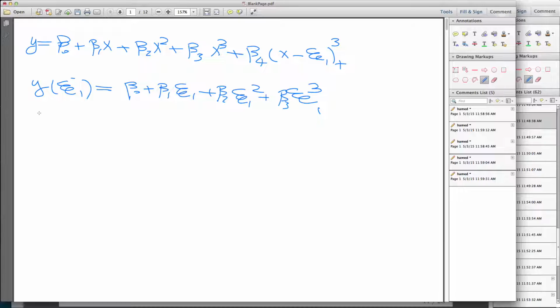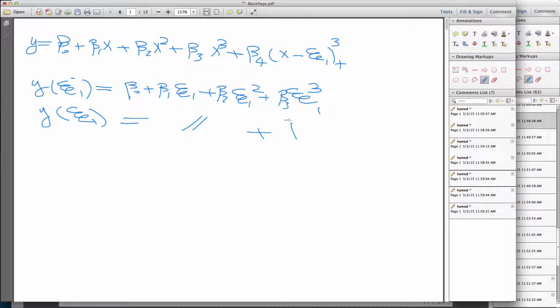Right after that, or right on that point, you get the same thing plus beta 4 times (psi 1 minus psi 1) cubed, which is 0. So as you can see, right before psi 1 and right after psi 1, you get the same result for y. So it's continuous. So continuity is just being proved.